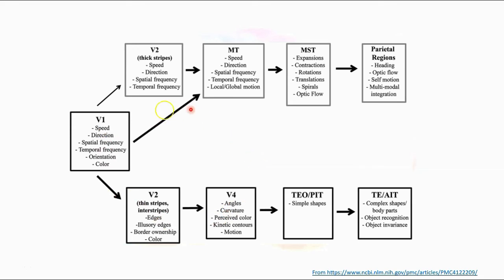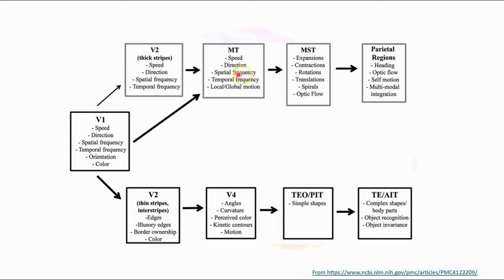This is a figure from Perry and Fallah 2014. This figure shows that each region has a specific role or function to send the neural information from one area to the other areas.